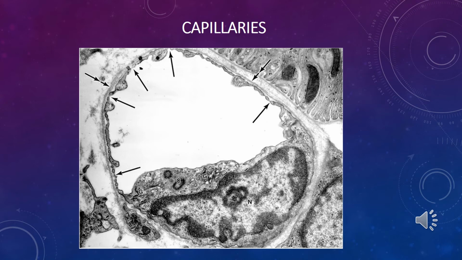Why fenestrated? Because you see arrows show fenestra in the cytoplasm of the endothelial cell. Also visible are the basal lamina, the nucleus and organelles, and the cytoplasm of the endothelial cell.